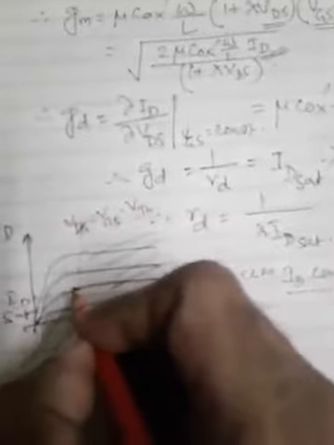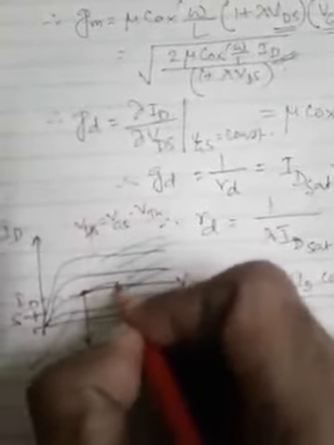So no CLM means ID constant, parallel to axis VDS. But when there is CLM, the characteristic curve will go a little bit upward. We have seen in our lecture about CLM that this curve will go a little bit upward with CLM.